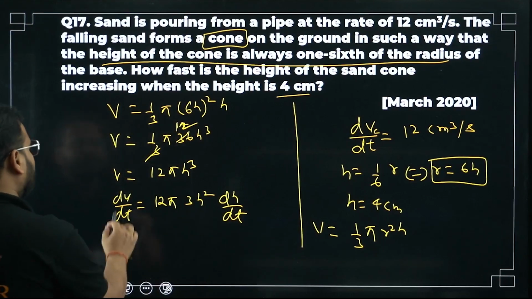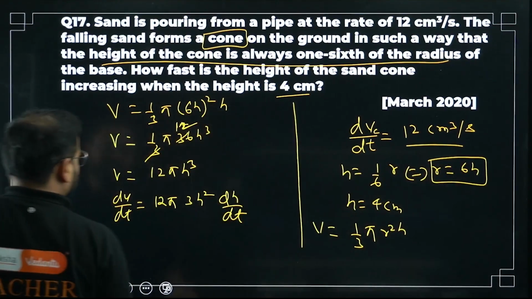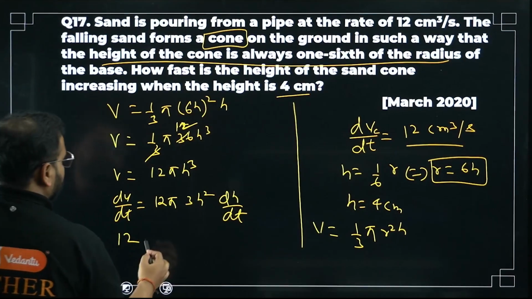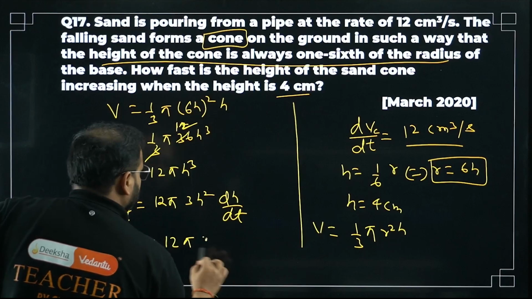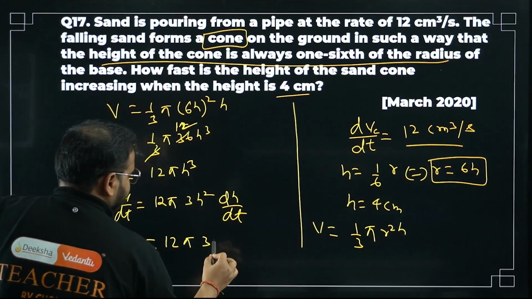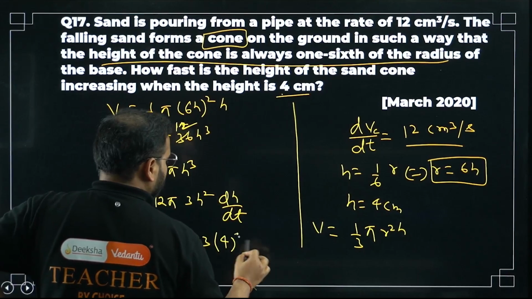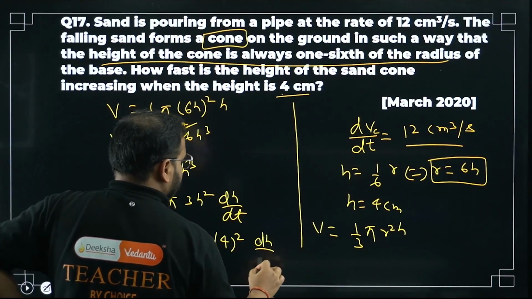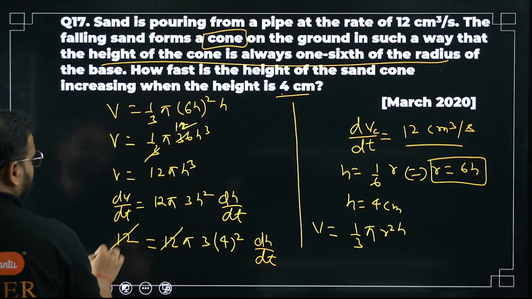What is the h value? 4, so 4 square. Now 12 and 12 are cancelled.